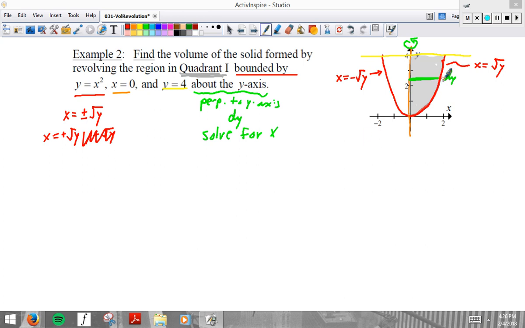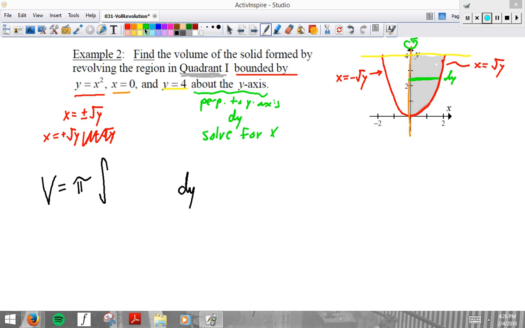Okay, so when we're doing left minus right now, our slice goes through the whole region, but it's important that our region stops in quadrant 1. I hope that is clear. Please rewind the video if that did not make sense. Pi, sum integral, dy, because our slice was perpendicular to the y-axis.